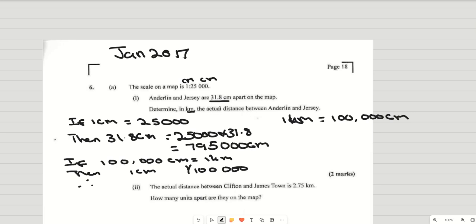And therefore, 795,000 would be 1 over 100,000 multiplied by 795,000, which would be equal to 7.95 kilometers. And that is how you do 6 part 1.